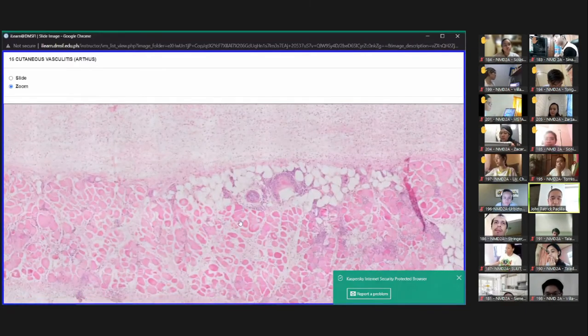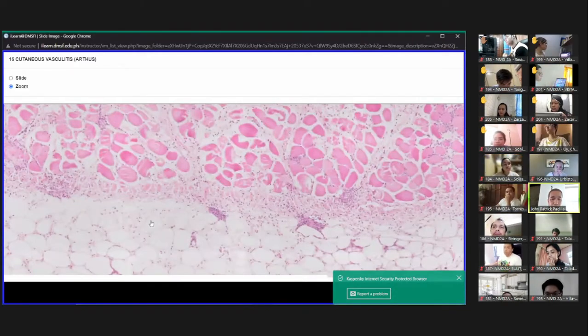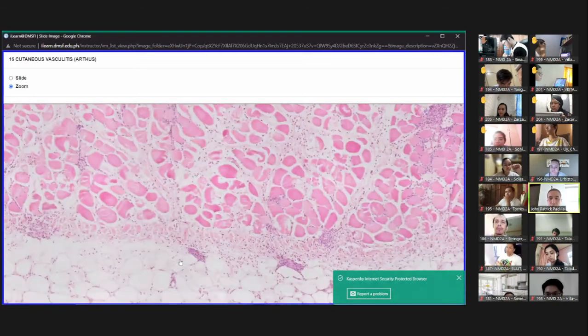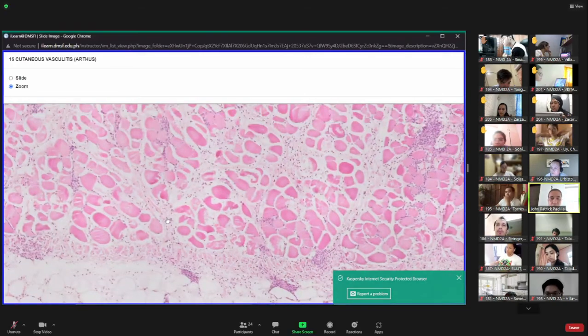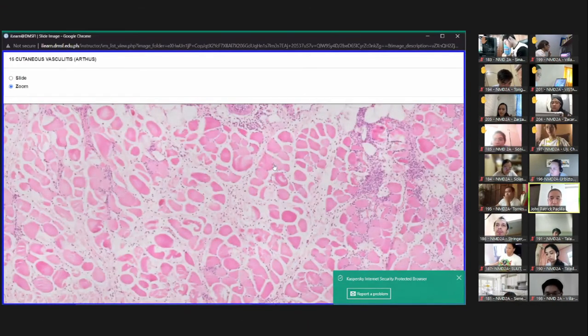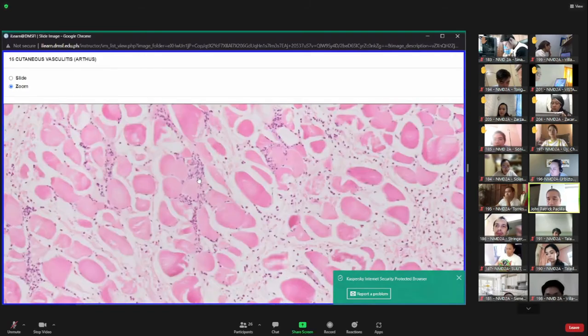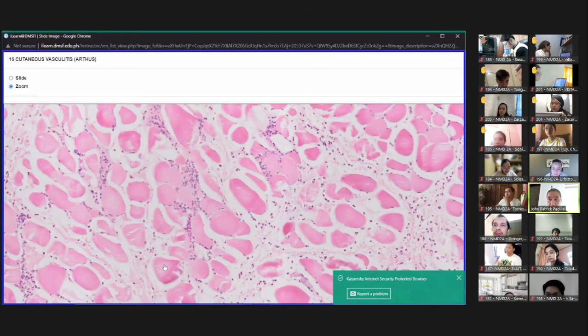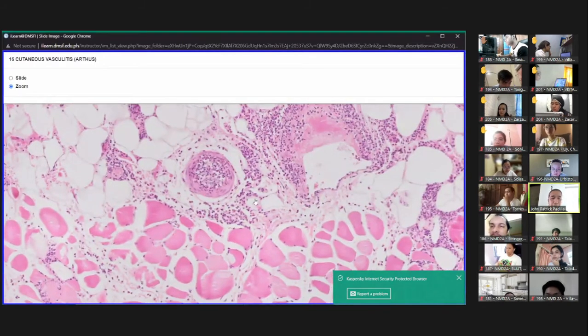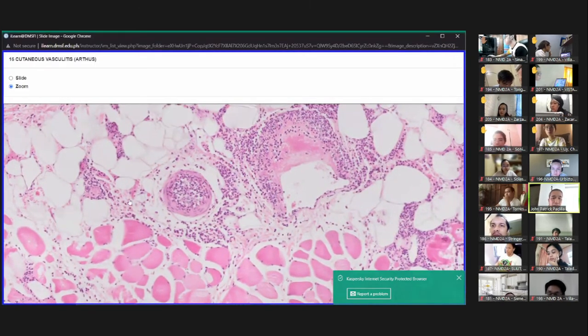This is the fibroadipose tissue, and then this would be the skeletal muscle. Notice a lot of inflammatory cells in the area, so neutrophils. This would be the part of the slide that you need to look for.